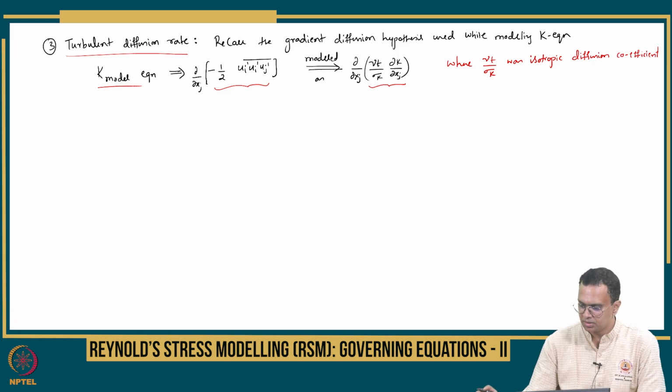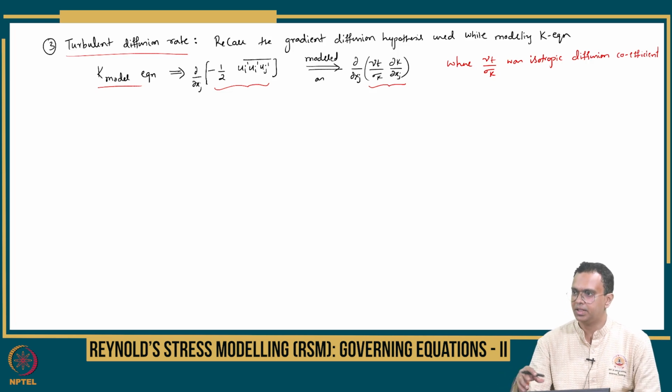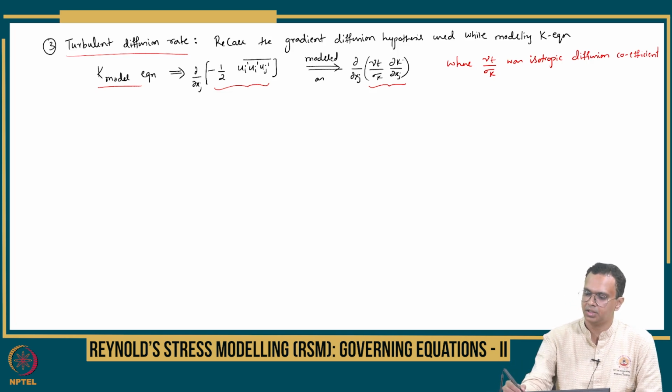So it's dimensionally consistent. We continued in the k equation model like this, but there was an issue here, especially when we come to Reynolds stress modeling. This equation essentially assumes that if diffusion along the xj direction is 0, for example, then the total diffusion goes to 0. It looks into the gradient ∂k/∂xj.